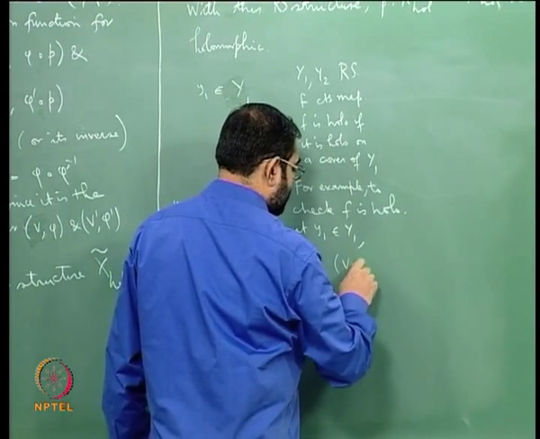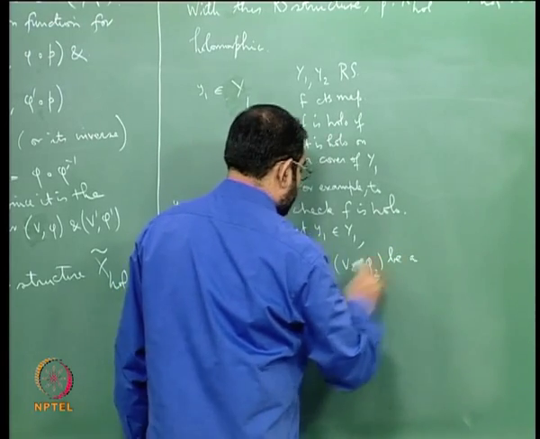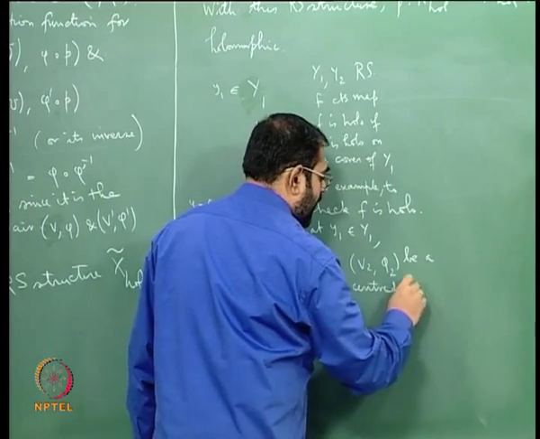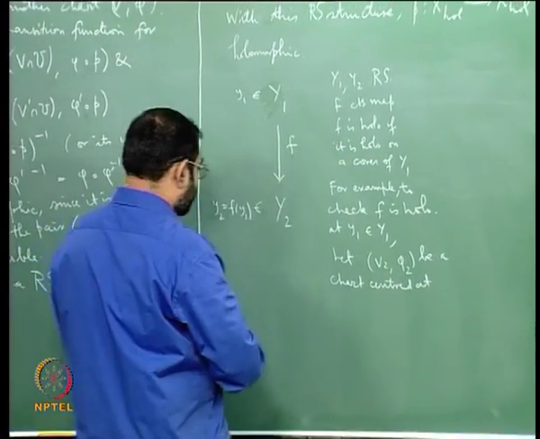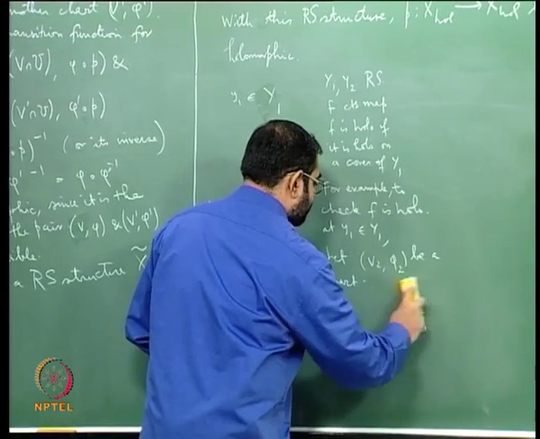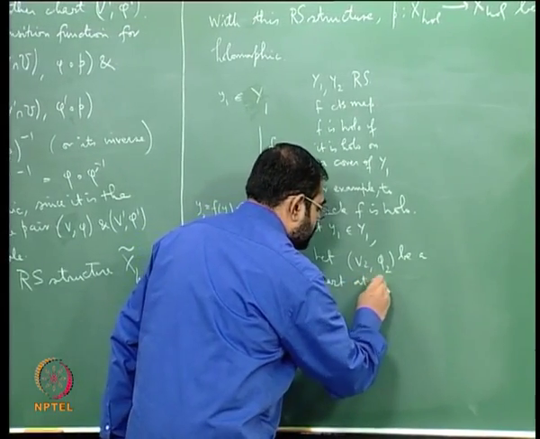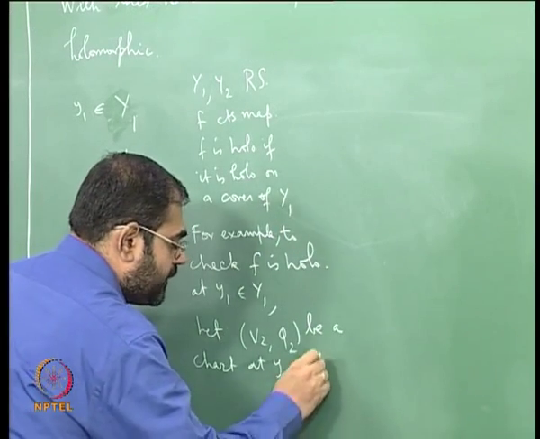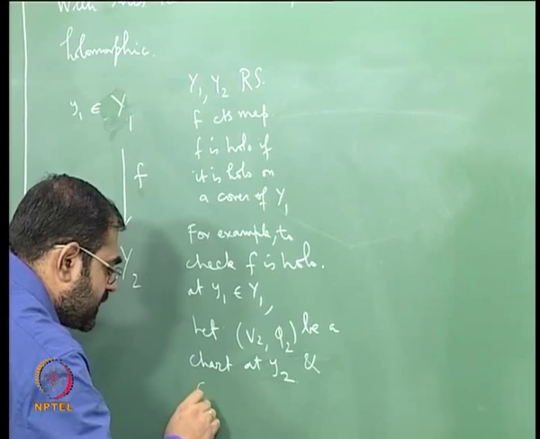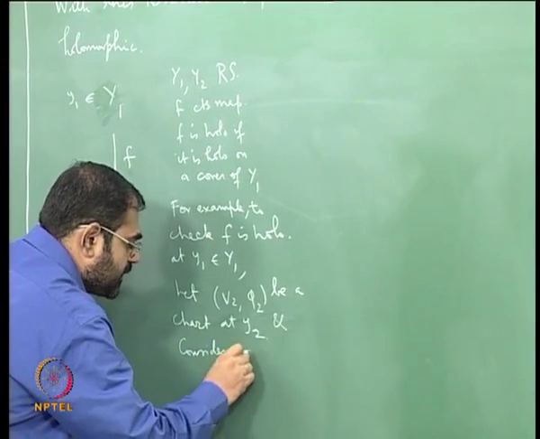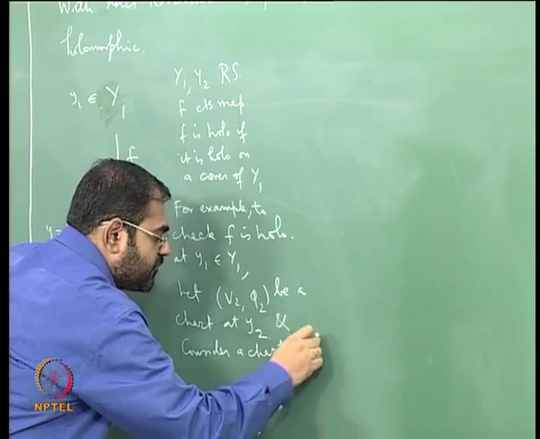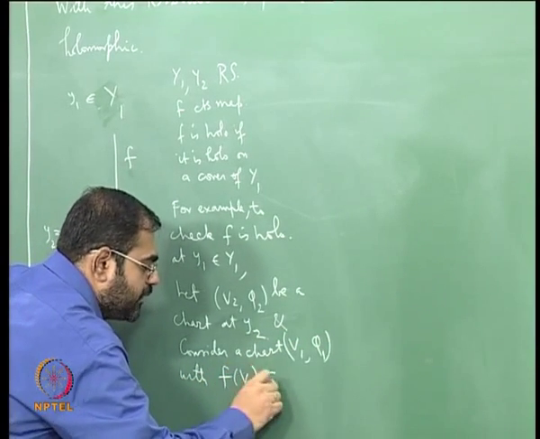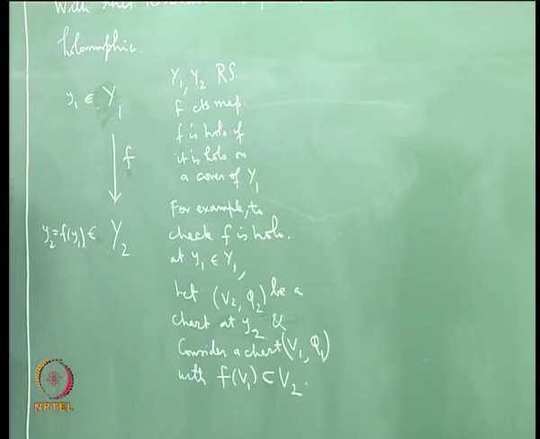Let us say V2 comma phi2 be a chart, when I say centered I mean containing y2, for the Riemann surface below, alright, and consider a chart V1 comma phi1 with f of V1 going into V2, okay.